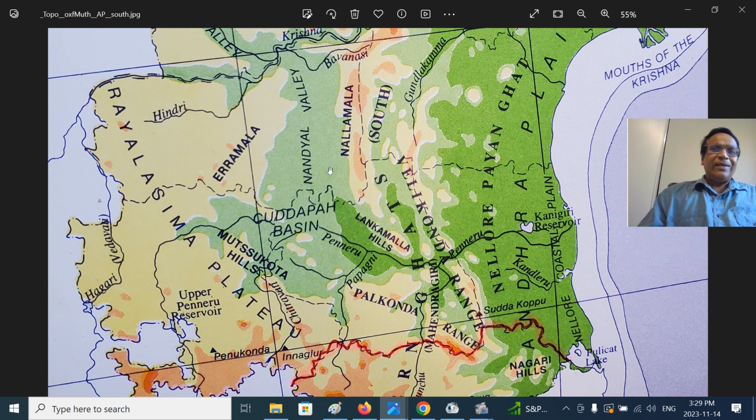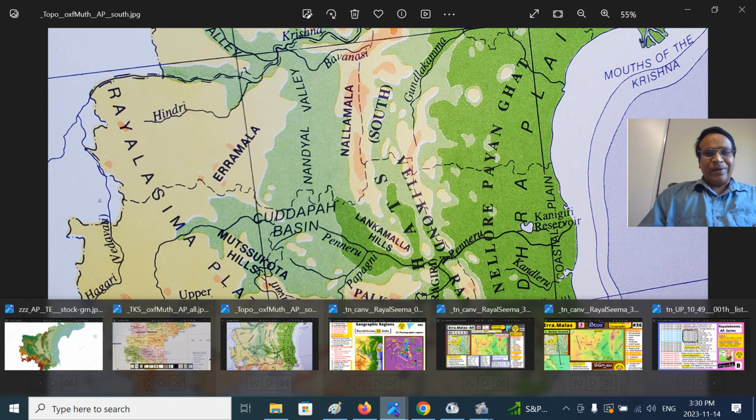The Nandyal Valley and this the ErraMalas overlook Nandyal Valley, this overlook the upland region, overlook the Kadapa Basin.